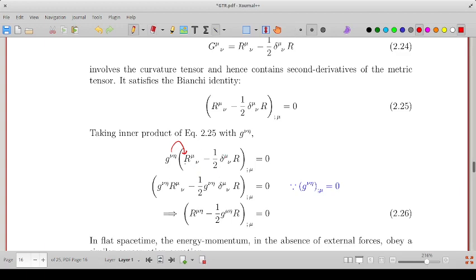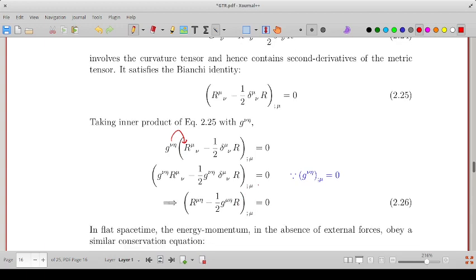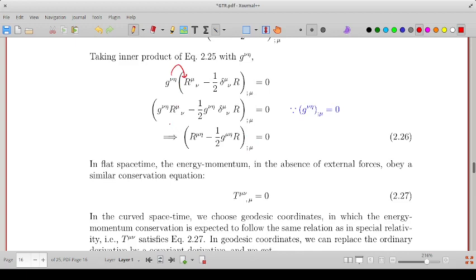So when we do that, we get the first term G nu eta R mu nu minus half G nu eta delta mu nu times R, then the covariant derivative with respect to mu, and that should be equal to 0. But we already know that this object is equal to R mu eta. So that's the definition of R mu eta, which is obtained by raising the index of R mu nu.